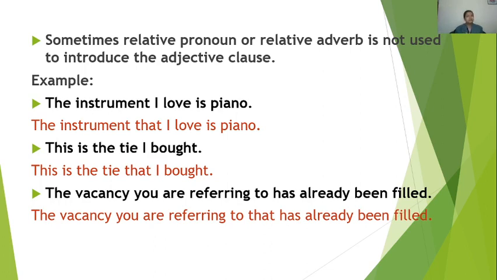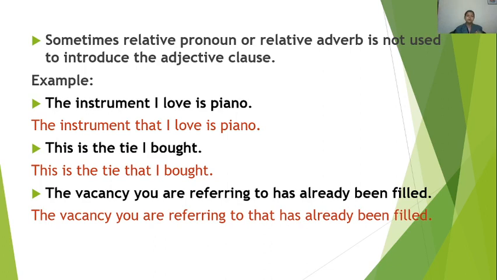But it doesn't make any difference in the meaning of the sentence, and neither is it grammatically wrong. Now here, "The instrument I love is piano," or "The instrument that I love is piano." There is no difference in their meaning. Both sentences have the same sense, and grammatically they both are right.